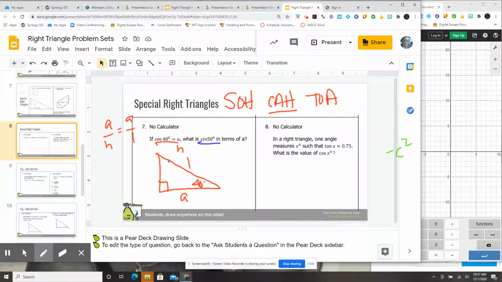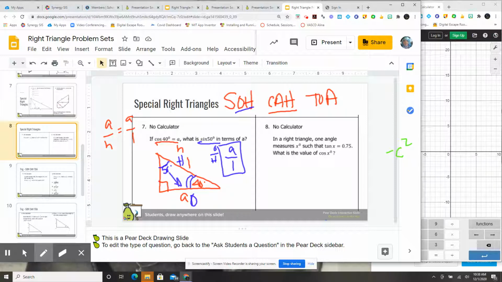Well, I know that these acute angles are going to be complementary, so this is going to be 50 degrees. And I know sine is O over H. This is the O, and this is the H. So A over 1. This cosine of 40 and the sine of 50 are exactly the same.